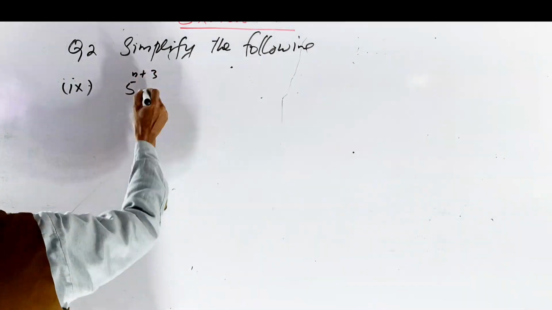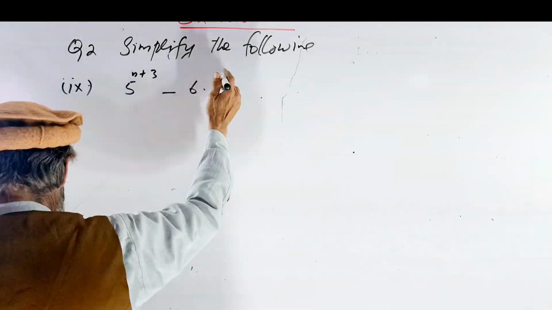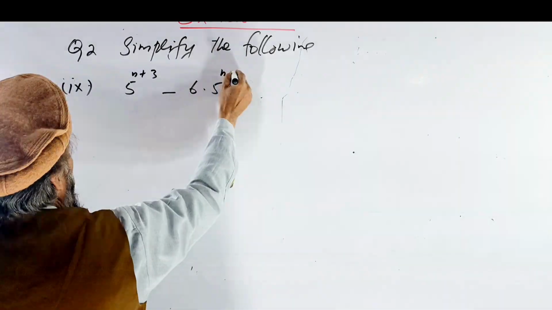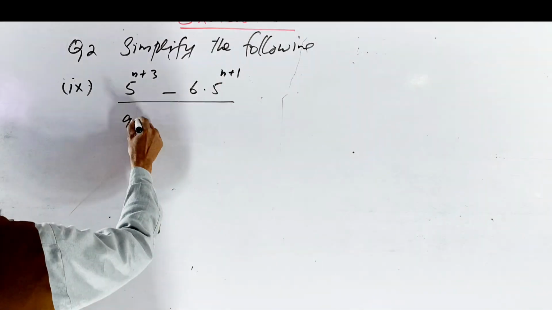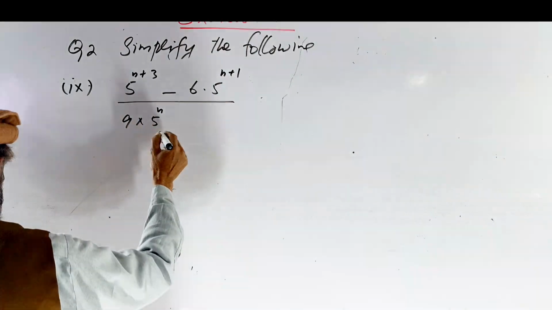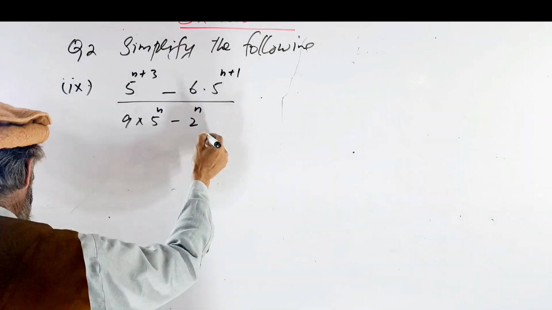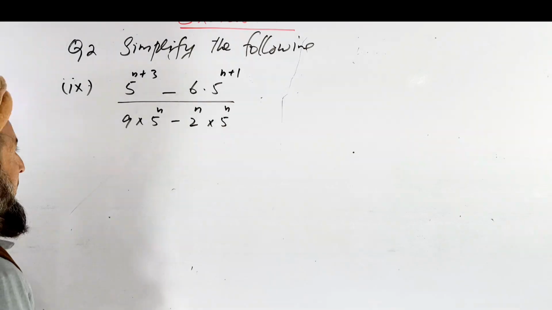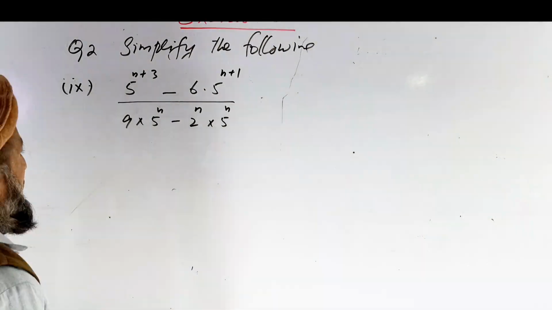Next question: 5 power n plus 3 minus 6 times 5 power n plus 1, divided by 9 multiplied by 5 power n minus 2n into 5 power n. So look here, there are different rules the teachers use.